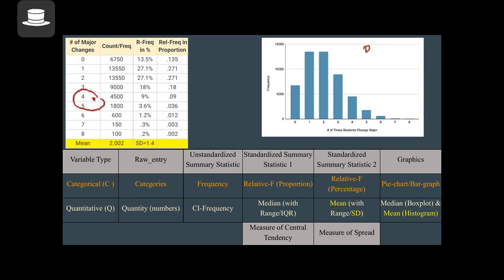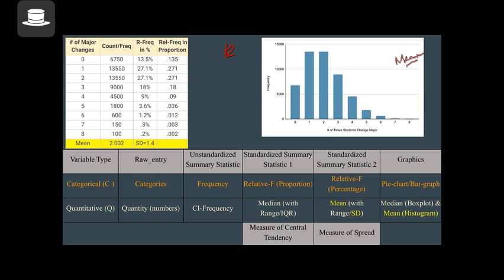Okay. Mean is you add all those values, divide by the total number of observations, and whatever value you get, that would be the mean. And mean is the most commonly used measure of central tendency. So bottom line, when you have a quantitative variable, you use mean or median, and mean is more meaningful.